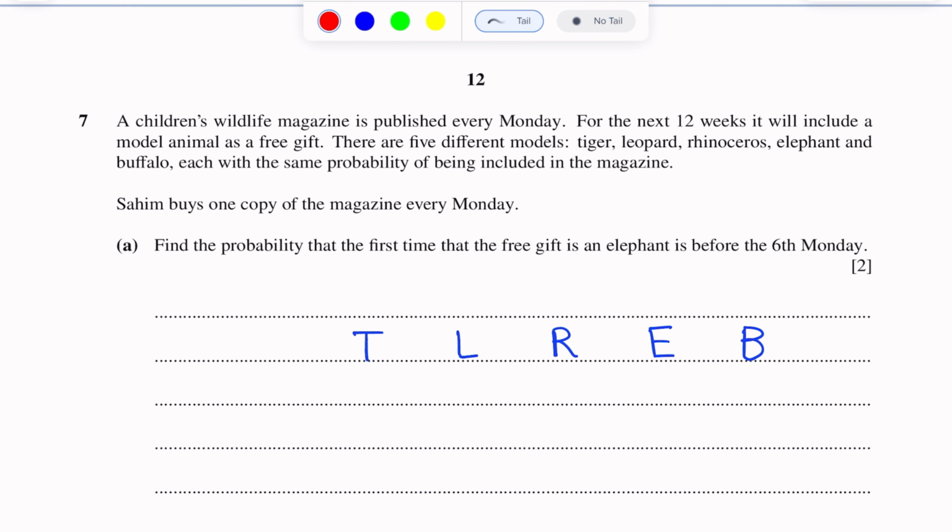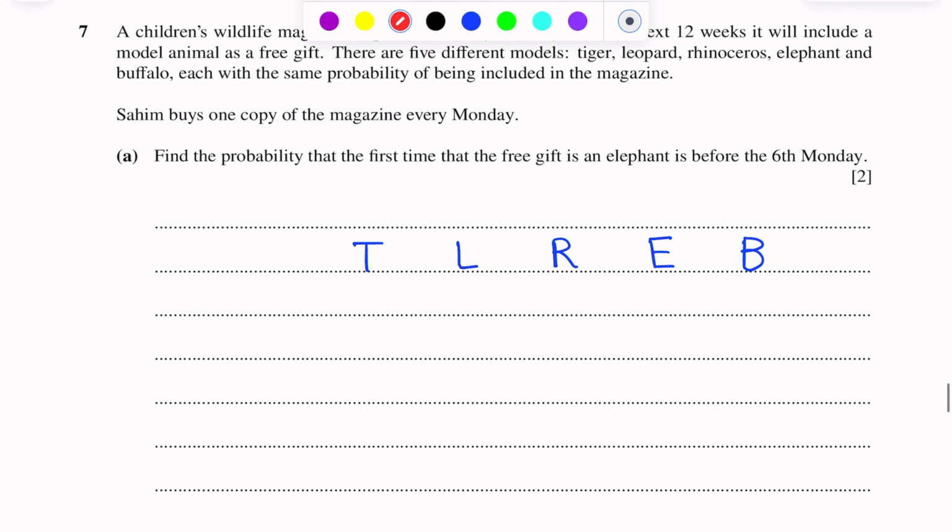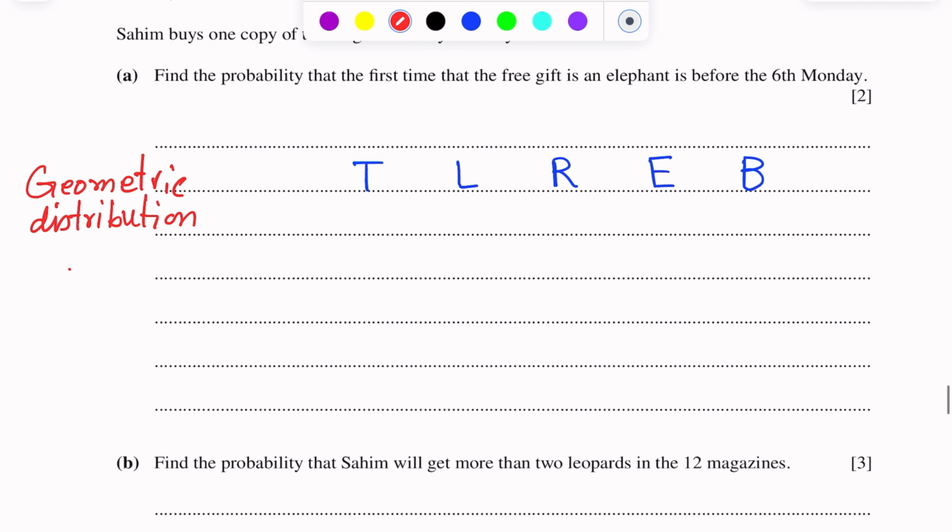So, geometric distribution, probability of success is 1 over 5, then Q will be 4 over 5.